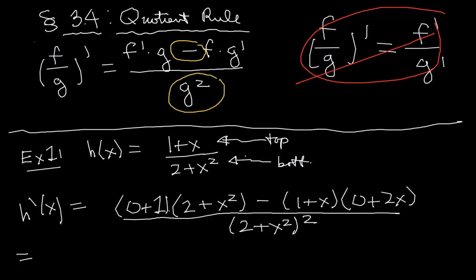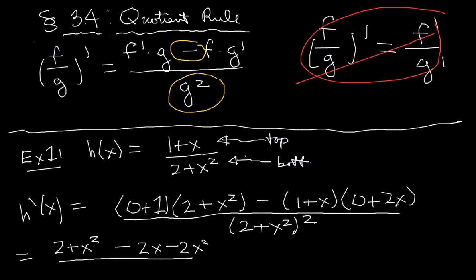Alright, so let's just do a little bit of cleanup here. 0 plus 1 is 1. 1 times 2 plus x squared, well, that's just going to be 2 plus x squared. Next part, we have 1 plus x times 2x. So that's going to give us 2x and 2x squared. But the minus sign distributes, so we'll get minus, minus.